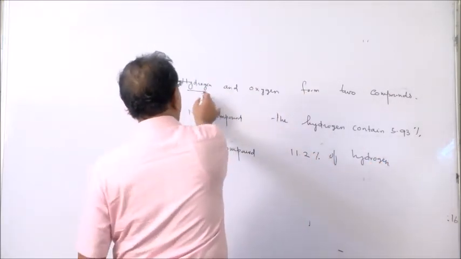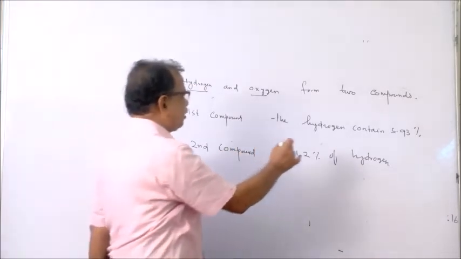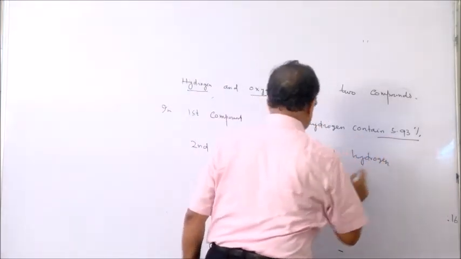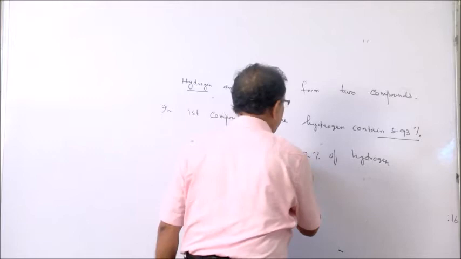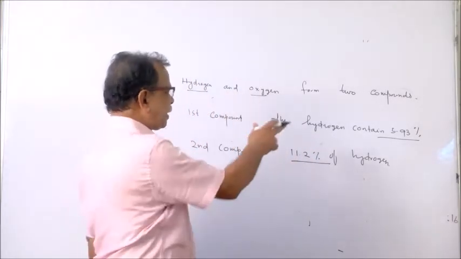Look at here, hydrogen and oxygen form two compounds. In the first compound the hydrogen content is 5.93%. In the second compound the hydrogen content is 11.2%. That means the other part is oxygen.